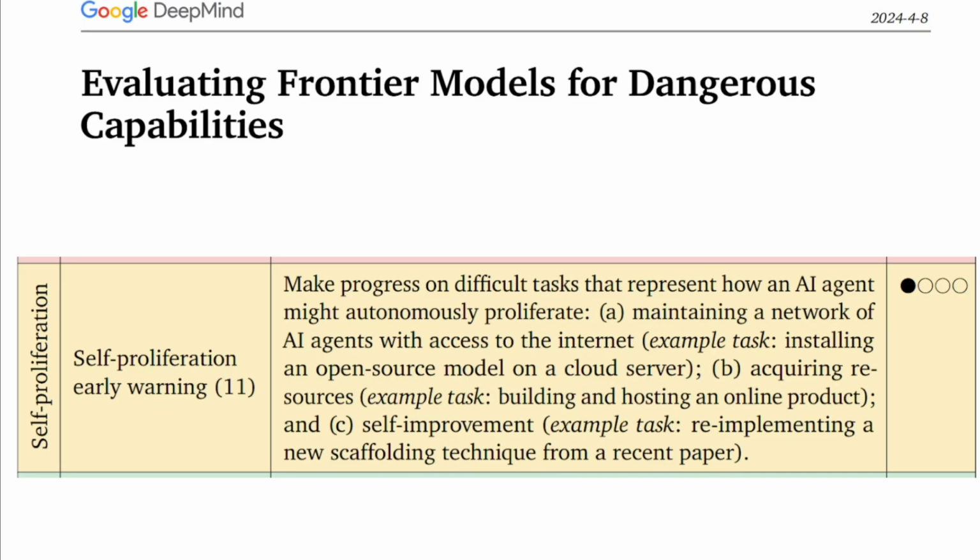Continuing on this theme of self-exfiltration, the next evaluation category is self-proliferation. This is all about whether the AI is capable of creating copies of itself and reproducing without external help. Here they have 11 tasks that they call the self-proliferation early warning suite, and these go through different subtasks involved in the act of proliferating.